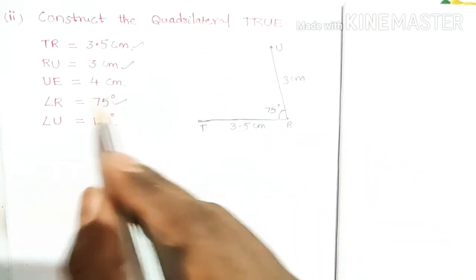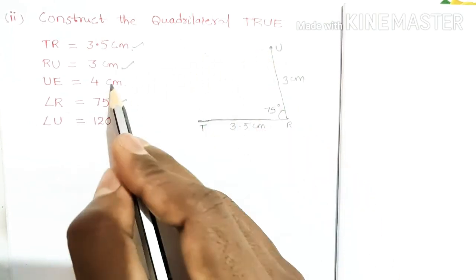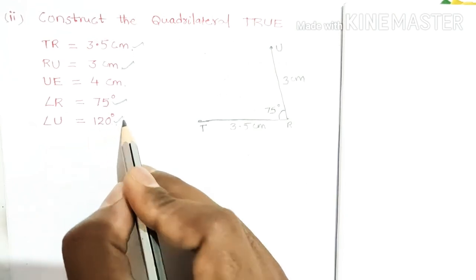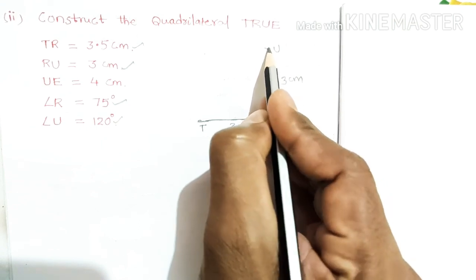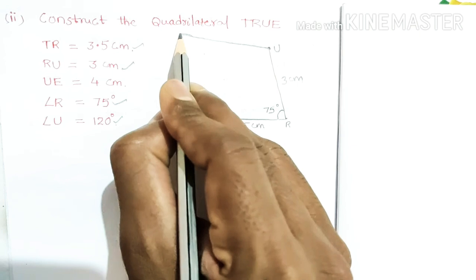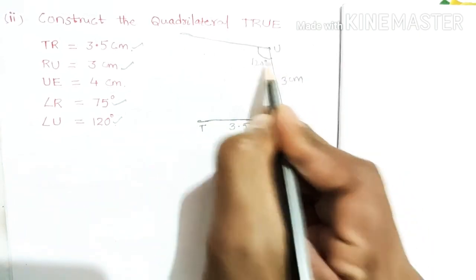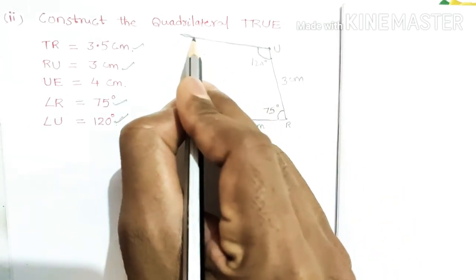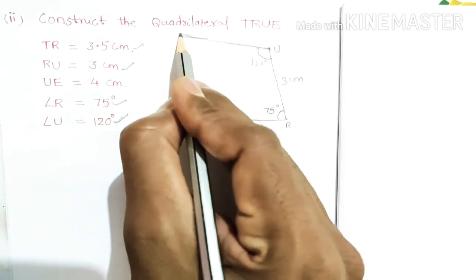Next, UE. E will be somewhere here. You cannot construct UE 4 centimeter directly. At U, angle 120 degree is there. 120 degree means more than 90. Let us draw 120 degree like this. So here, at U, 120 degree is there.